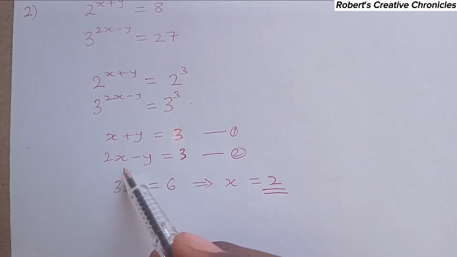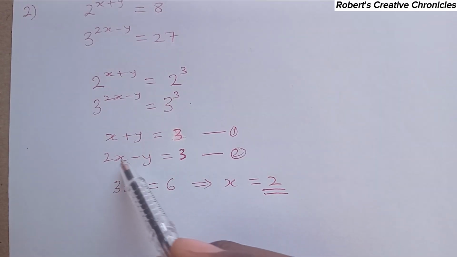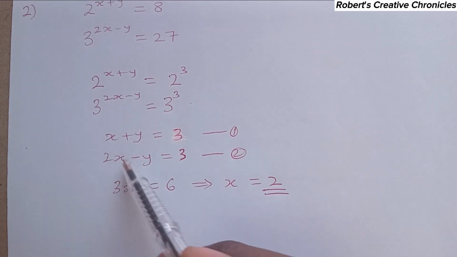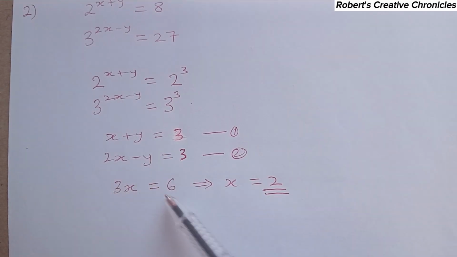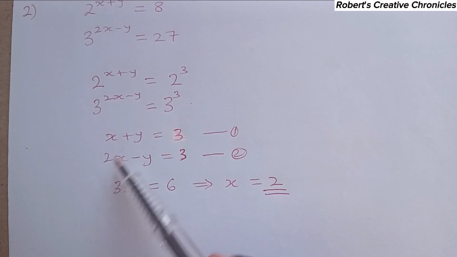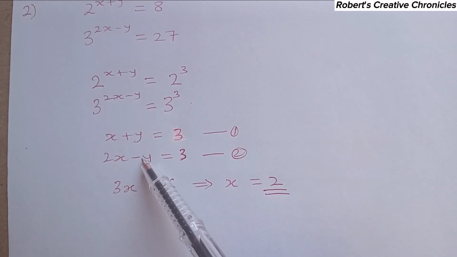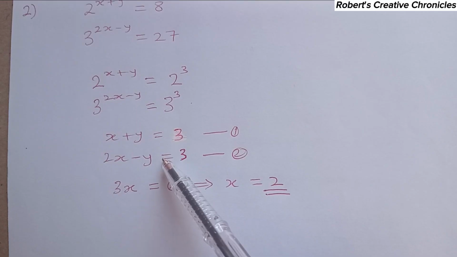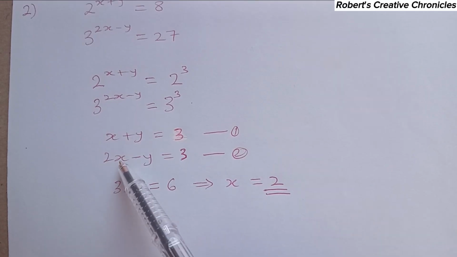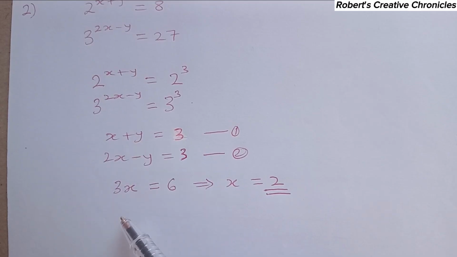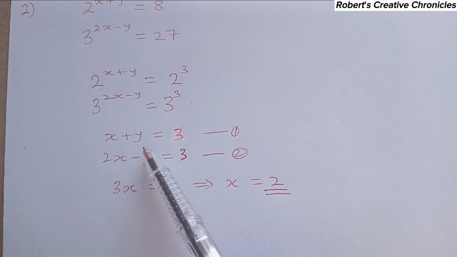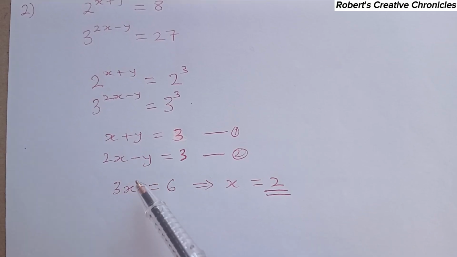If we use elimination to find the variable y, since we have added these two equations to get x, we'll now subtract. It will give us another equation, not a number.